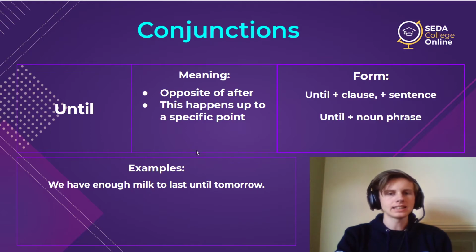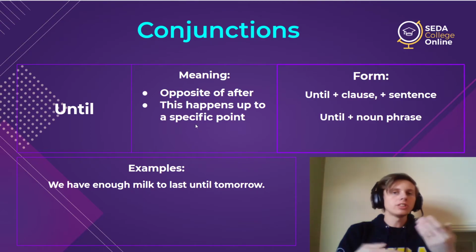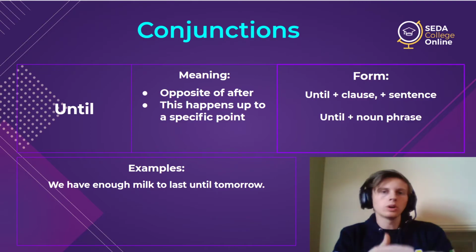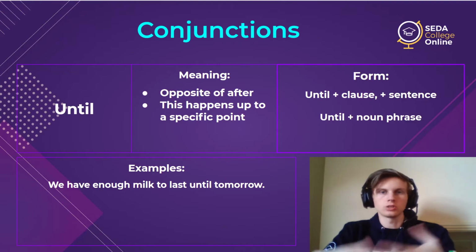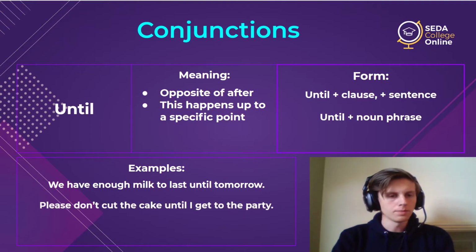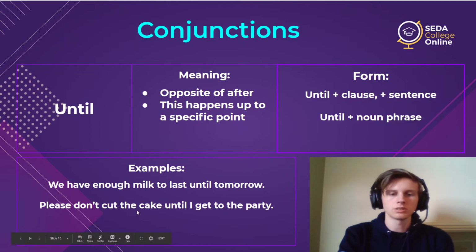But it has this idea that we have enough milk for all the time from now to tomorrow. And then once tomorrow happens, we change. We run out of milk. We don't have enough. Or, please don't cut the cake until I get to the party. So now we have a clause because we have a full clause here, I get to the party, with another sentence, please don't cut the cake.